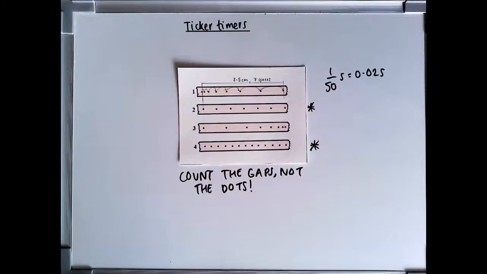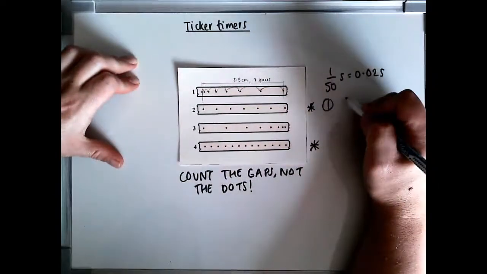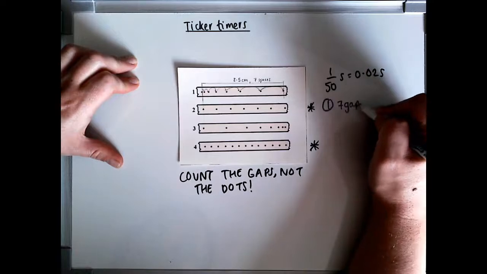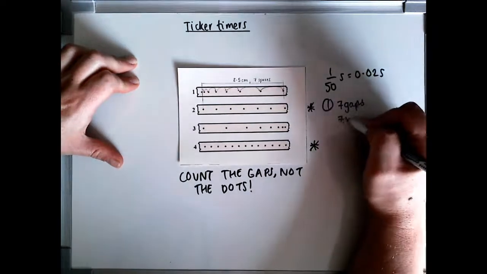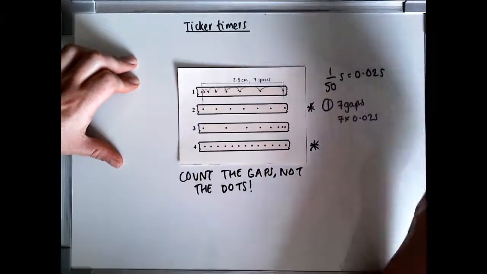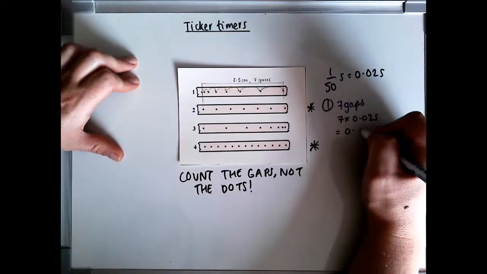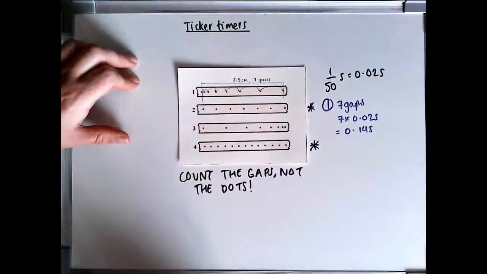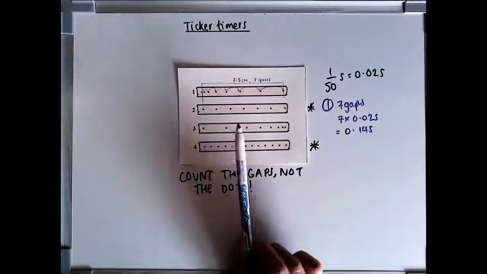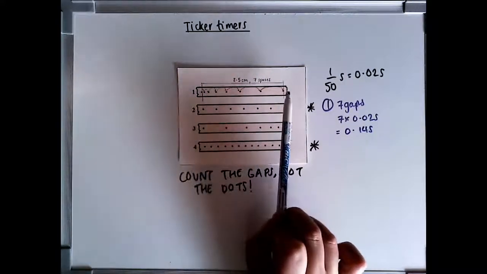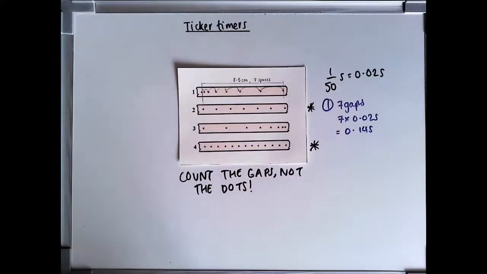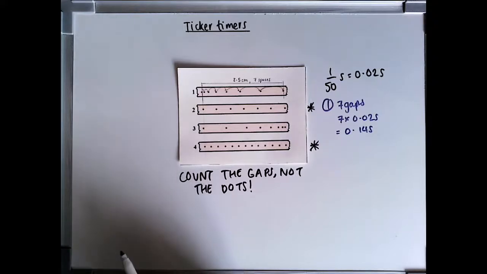Okay, now if I've got, for number 1, 7 gaps, I've got 7 lots of 0.02 seconds, and that's going to equal 0.14 seconds. So the time it took to pull the paper through the ticker timer in number 1 was 0.14 seconds.